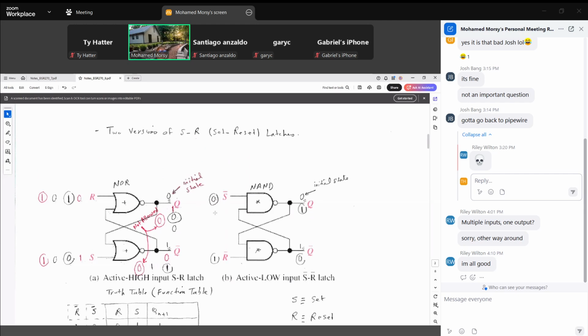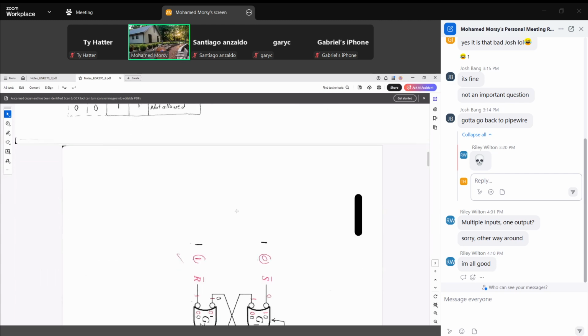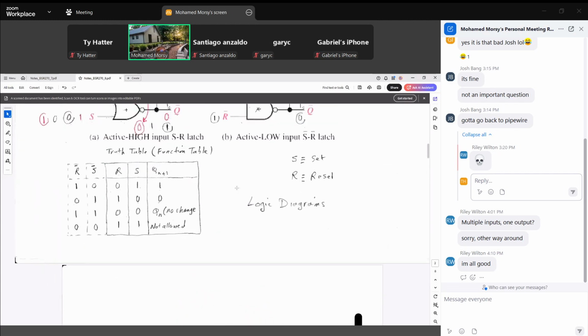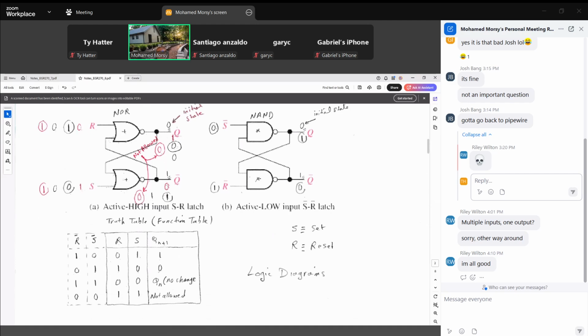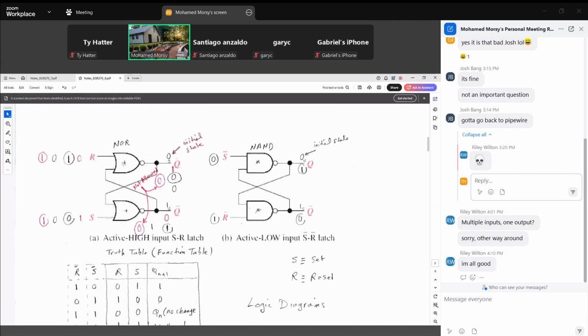There are different versions, as we see here and also here. All of them do the same function, just with different gates. Let us look at the basic one here. As we can see, we have two NOR gates connected in this way, and this gives us the function of a latch as a memory element.